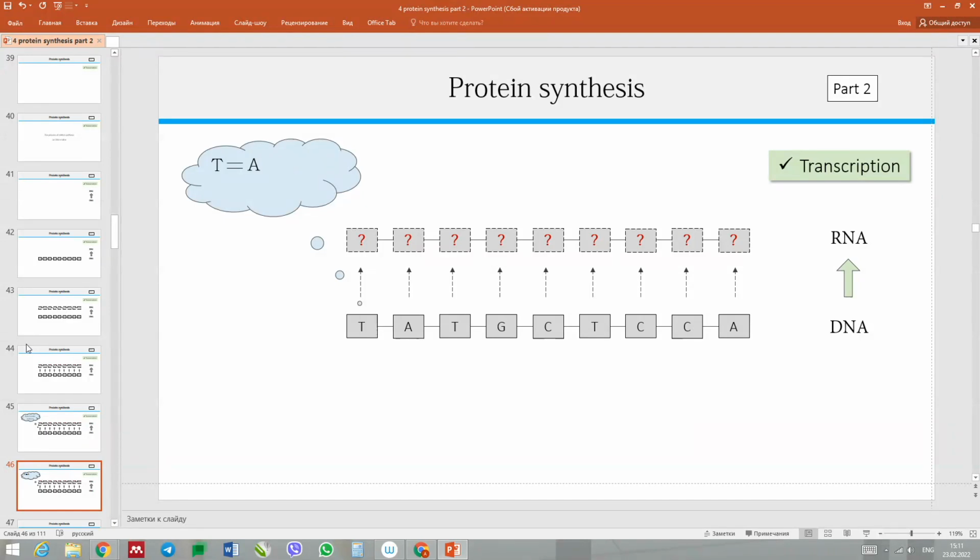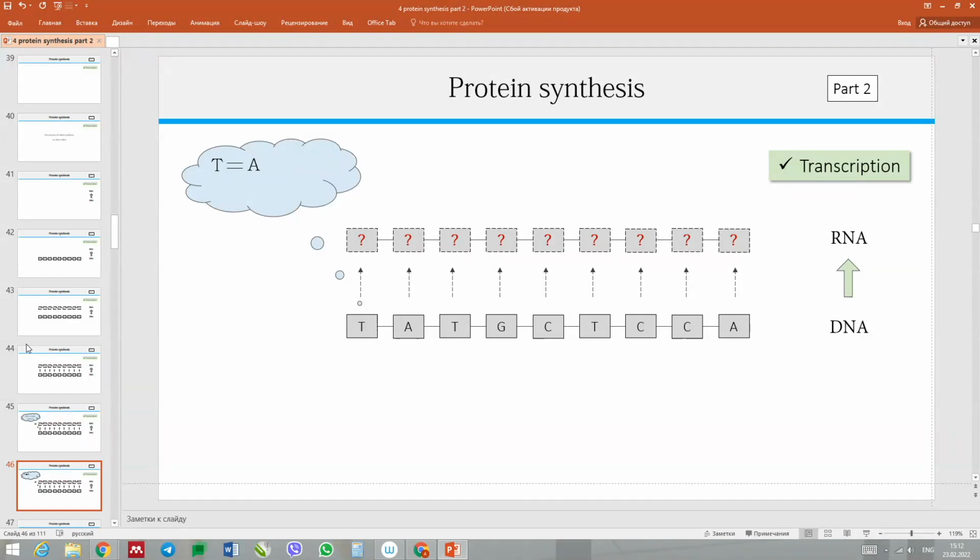And later you will see that the same data transfer protocol will be used to transfer information from RNA to protein. So these two critically important events in the life of the cell that are related to synthesis of the protein, transfer of information from DNA to RNA, and then from RNA to protein, are guided by a very simple data transfer protocol that is presented by the complementary principle.